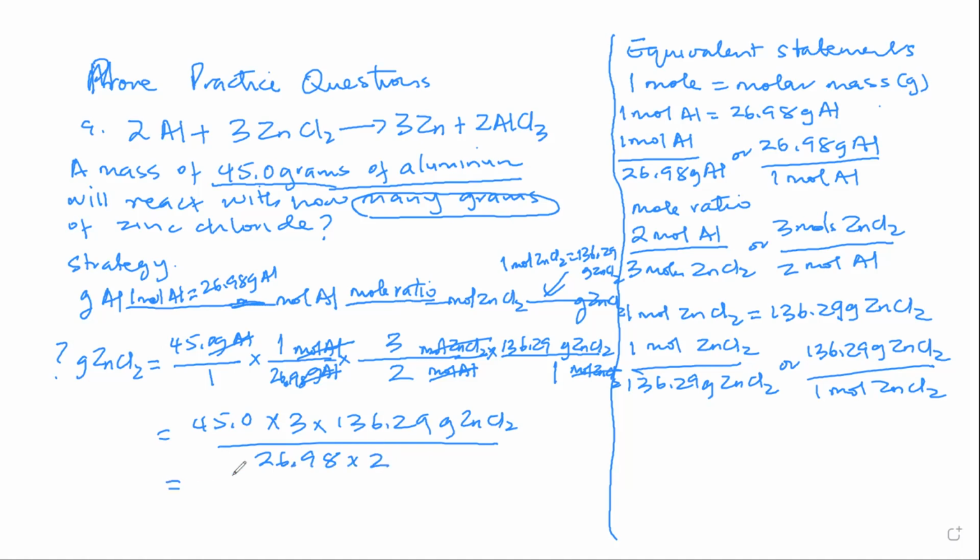So that will come out to be 341 grams of zinc chloride.